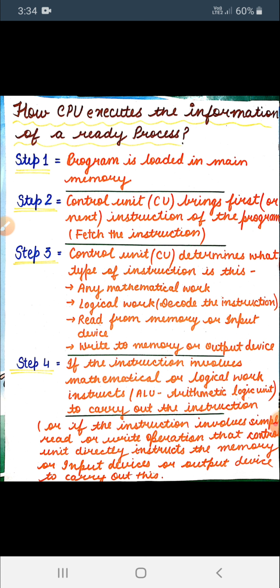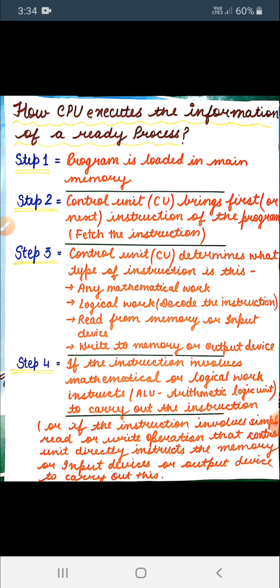This step is called decoding the instruction. Decoding the instruction means the CPU determines which type of requirement it is, such as mathematical work, which may be plus, minus, multiplication, division, or input from the input device, or any logical work, or giving output to the output device.